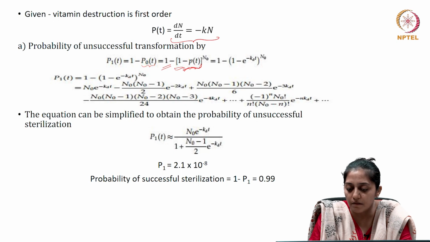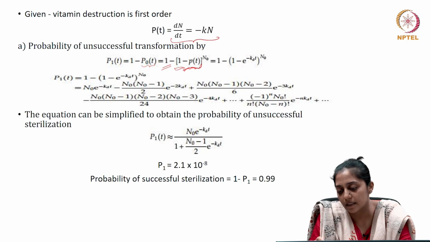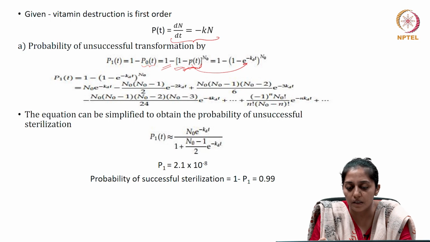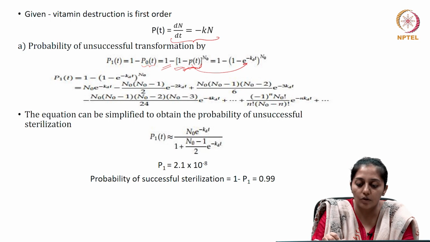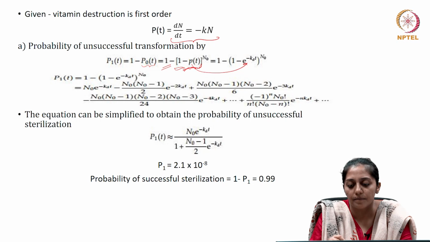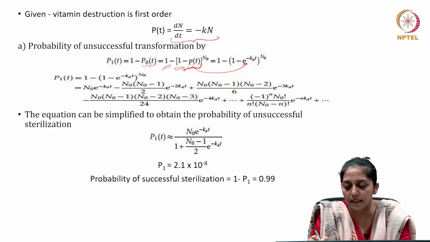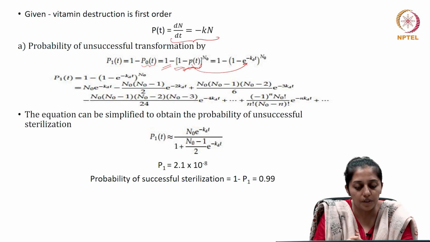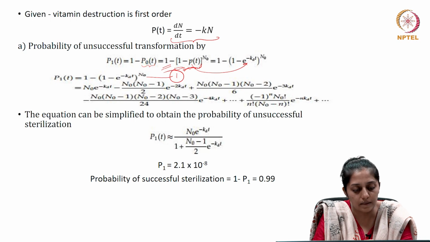So the probability of survival is e to the power of minus kd t. This has been substituted here, and this is obtained from the first order degradation kinetics, the death rate kinetics of the organism. If we substitute here, we will get this equation for probability of unsuccessful sterilization. Now this can be expanded using Taylor series expansion.